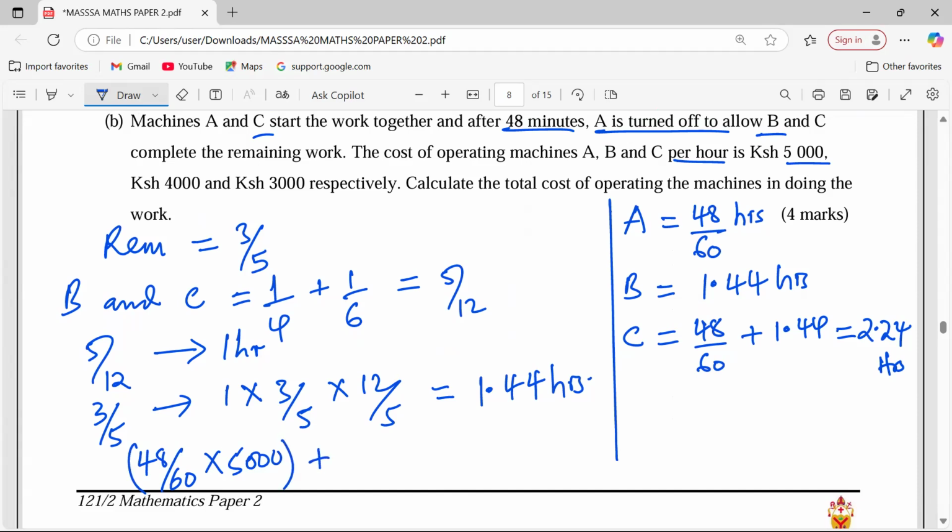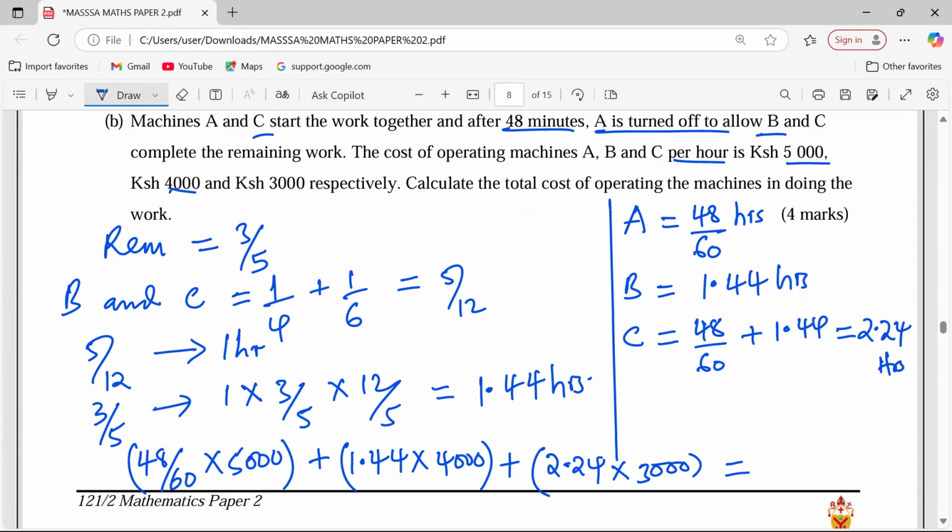Then we add B 1.44 times 4,000 per hour. Then we add 2.24 hours times 3,000. So that we get the total cost of doing the work in this particular day.